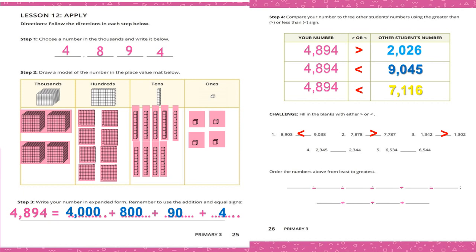Then the number in the ones. We have here 5, but we have here 4. Then which is the greatest, 5 or 4? Yes, 5. Then we make greater than. Then the number 2,345 is greater than 2,344.